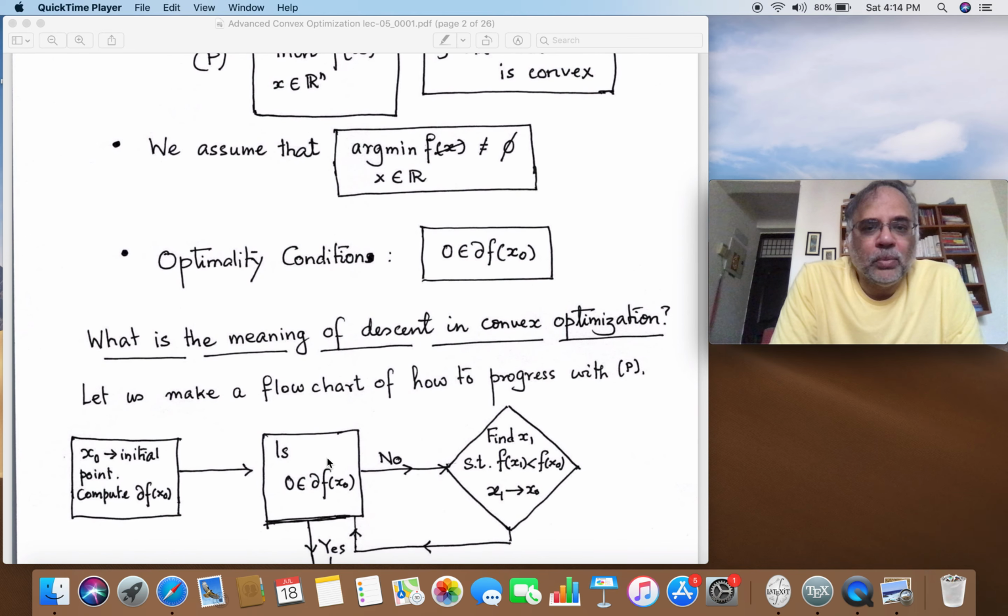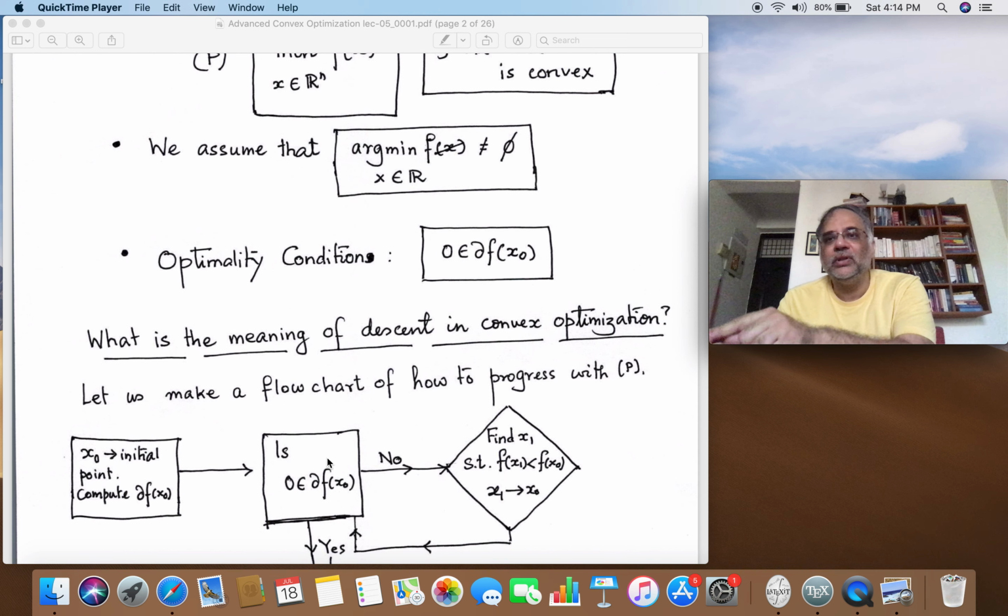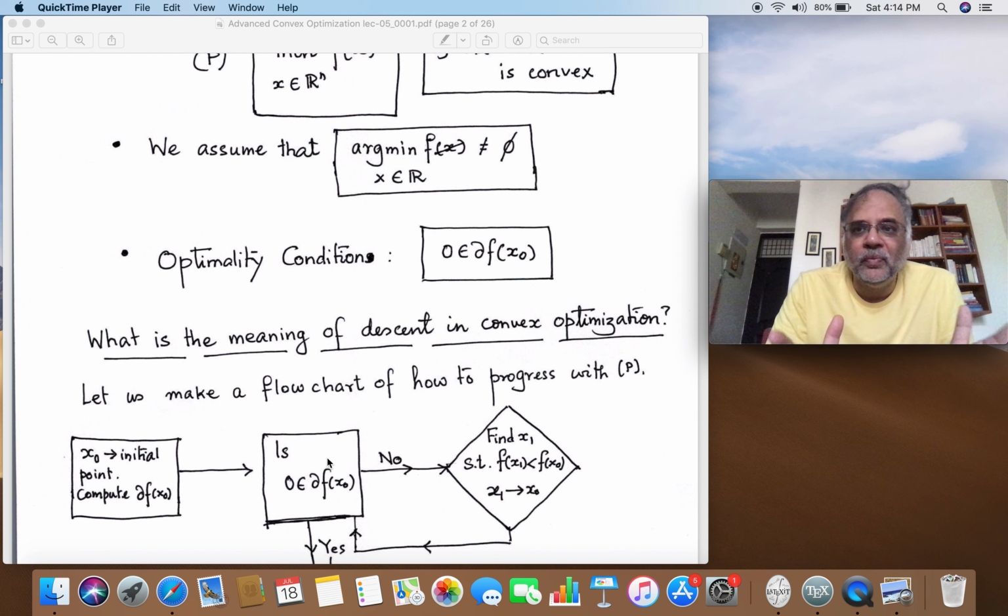So the key idea of optimization is this: you have a point x0, you check whether it is a minimizer. If not, go to another point and see whether the function value is decreased. If it is decreased, again check whether it is a minimizer. This is a naive way of thinking about an optimization problem. But the question is, how do you move from x0 to x1? There are several ways to do it. One of the typical ways is to move along a direction in which the function value will decrease.